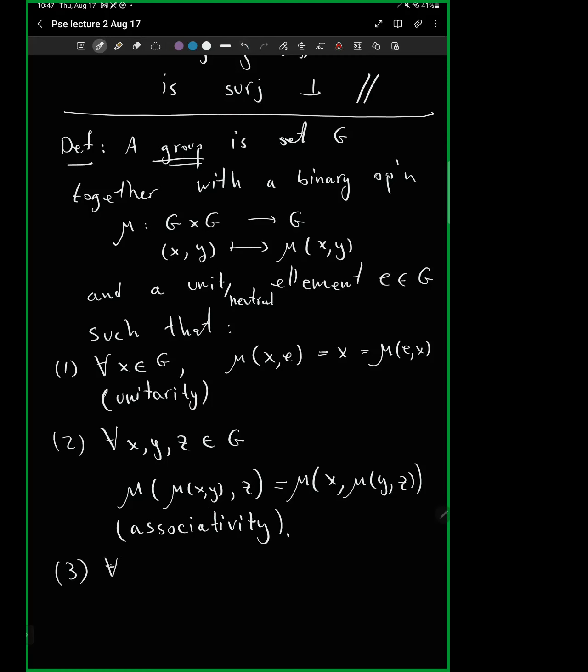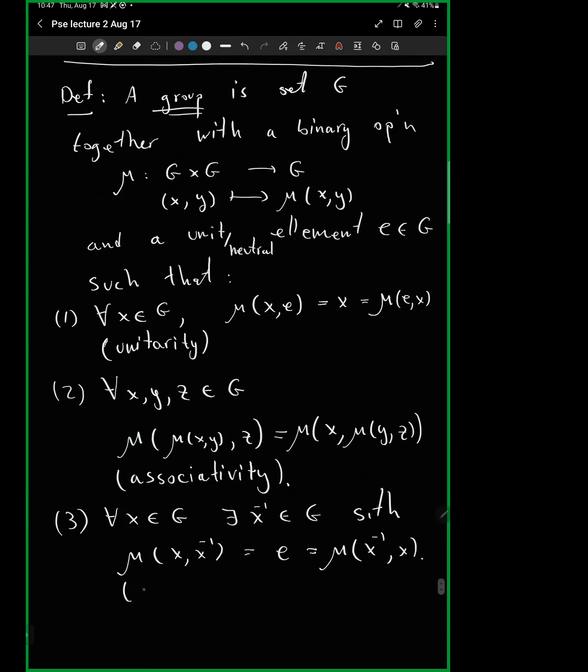So for any x in G, there exists some element which we denote as x minus 1 in G, such that mu of x, x minus 1 is equal to the unit element e, but also if you do it on the other side, mu of x minus 1, x. Okay, and this is existence of inverse.